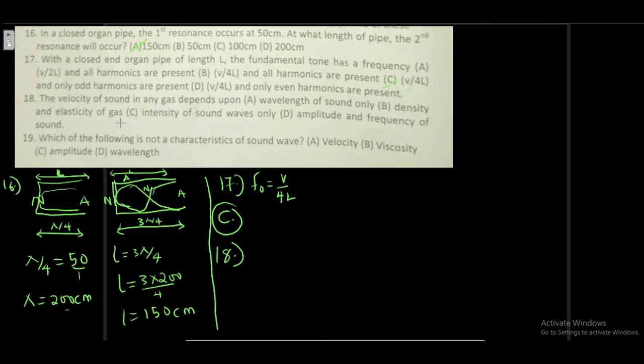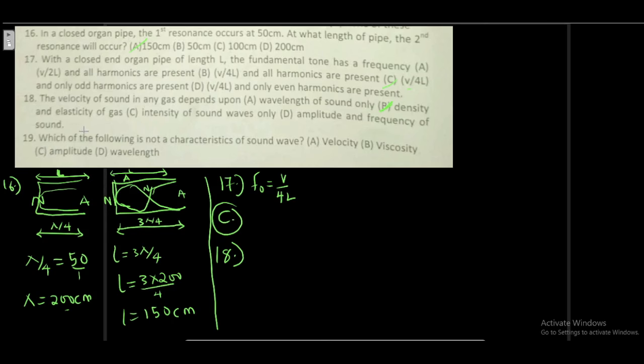Now, the velocity of sound depends on the medium, not on the wavelength, not on the amplitude and frequency, not on the intensity of the sound. So the correct answer is option B, which talks about the medium, density and elasticity of the gas. So question 18, our correct answer is option B.